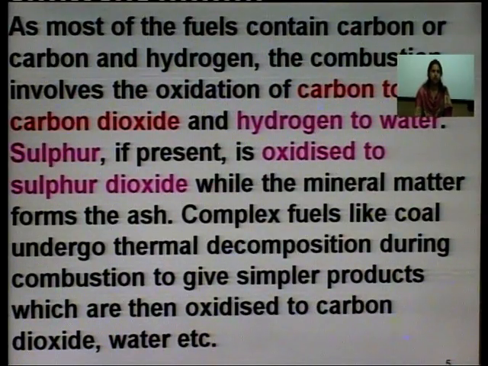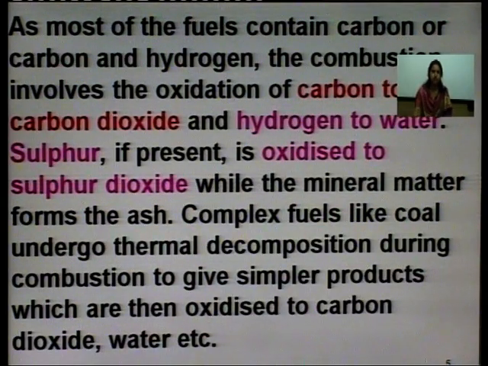So, during combustion, as the fuel contains carbon and or hydrogen, carbon is getting oxidized to carbon dioxide and hydrogen is getting oxidized to water. Sulfur, if present, is oxidized to sulfur dioxide, while the mineral matter which is present in the fuel forms the ash.